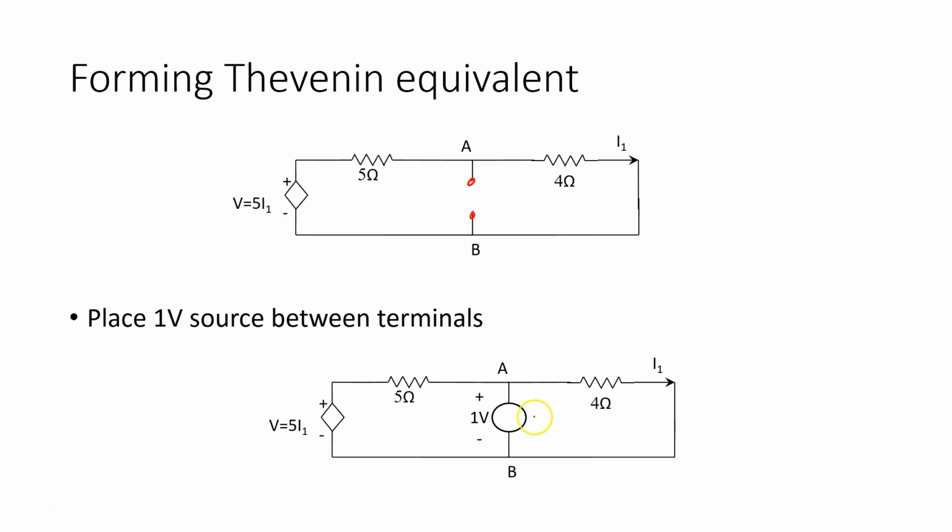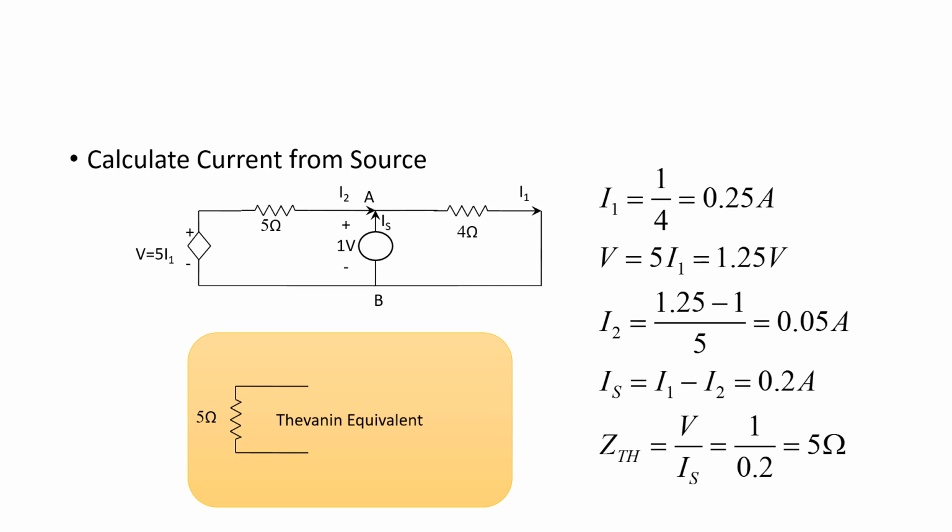So what I do is I place a 1 volt source here between those terminals, and now I'm going to measure, well, not measure, but calculate the current coming from this source. What I could tell right away is that I1 here, if I have a 1 volt source here, which has this 1 volt across it, is 1 volt over 4 ohms, 0.25 amps.